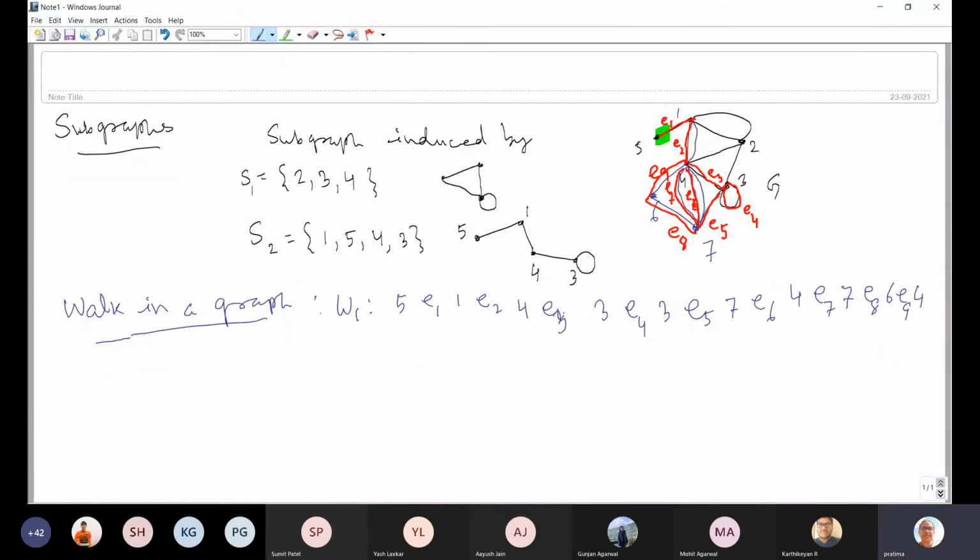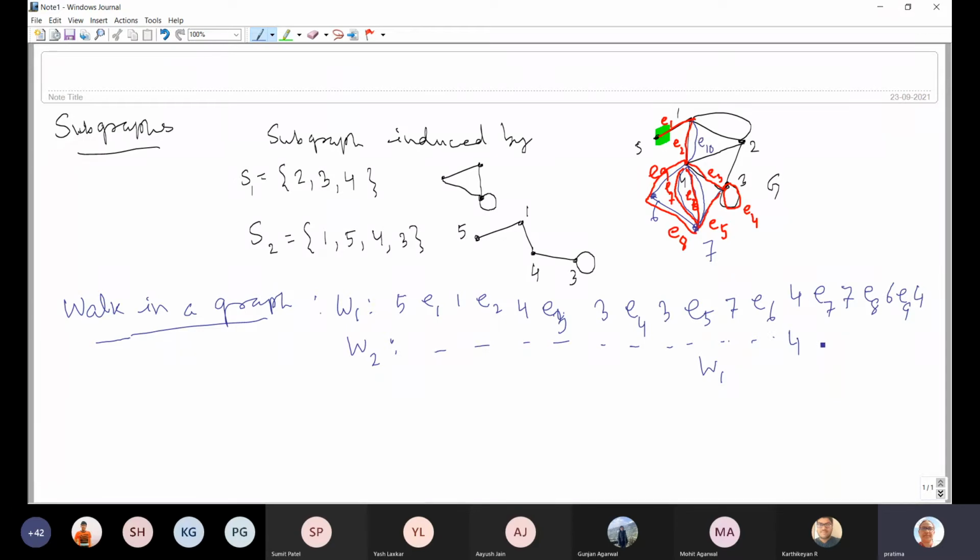Well, if I would have taken, I mean, consider this W2. Suppose I take all of this W1, all these paths that I have taken, and from vertex 4 I have taken, say, it may repeat also, another edge here, suppose this is E10.